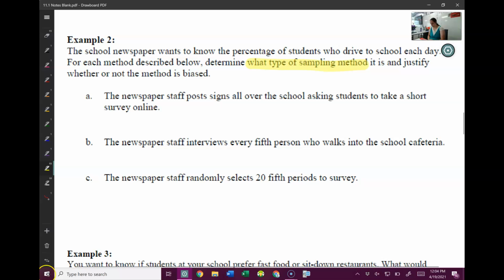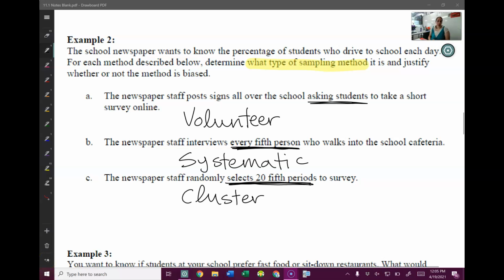Welcome back. Let's check what you got with what I got. In A, they are asking students to take the survey. They just post it and ask them to participate, so that is volunteer. In B, they're asking every 5th person who walks into the cafeteria, so that is systematic. And C might be the trickiest.